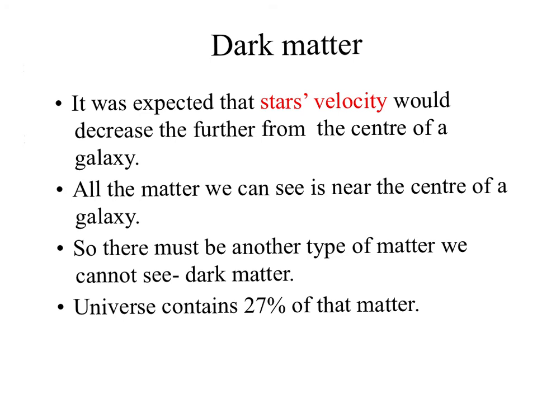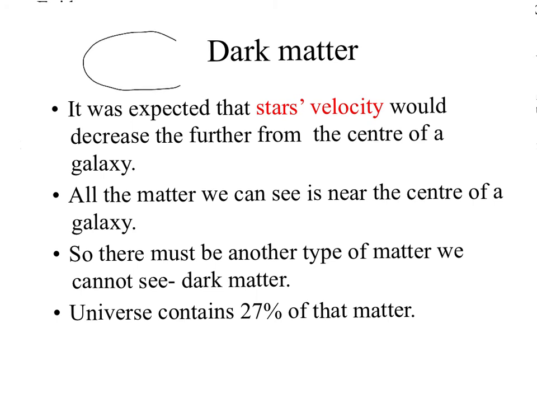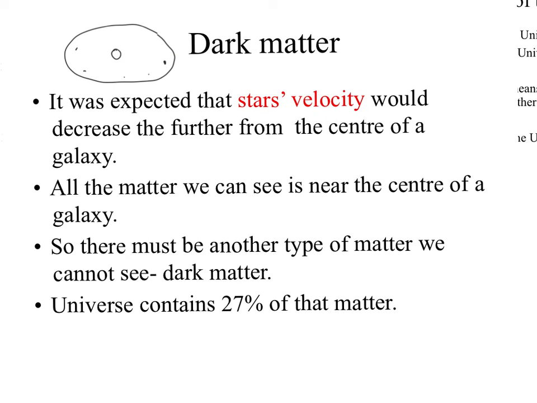So astronomers spend a lot of time investigating star velocities in different galaxies, and they expected that if this is, let me just draw it quickly, if this is a galaxy, the stars further out from the center of the galaxy will have lower speeds compared to the ones closer to the center. However, what they saw instead is that the speed stays quite similar. Now, all the matter that we can see ourselves is near the center of the galaxy.